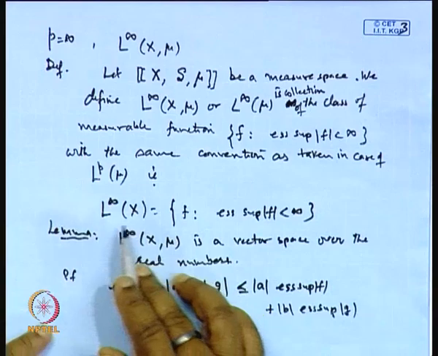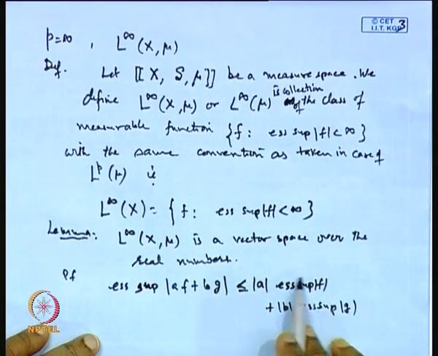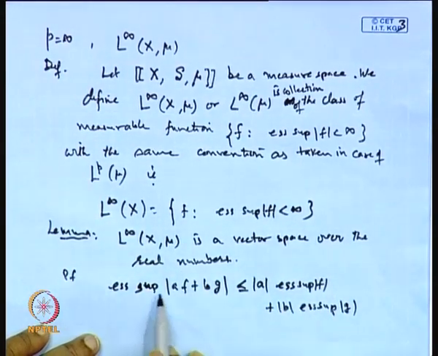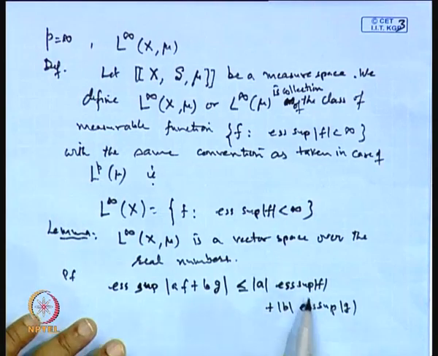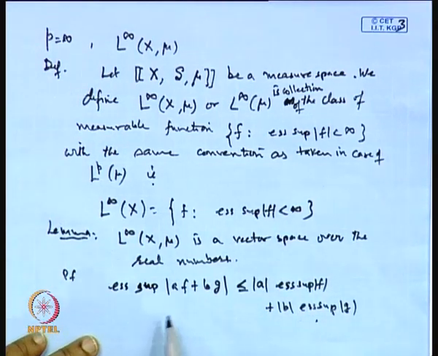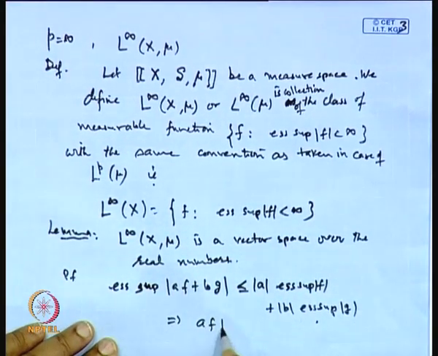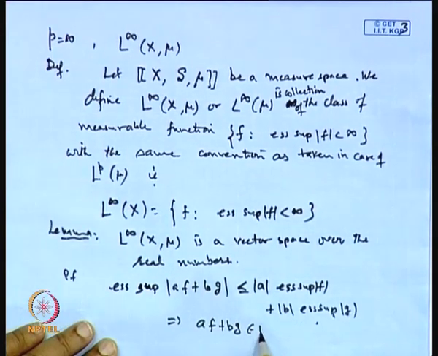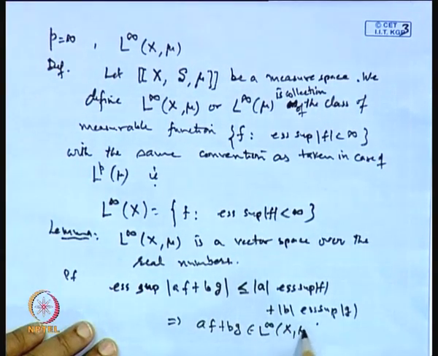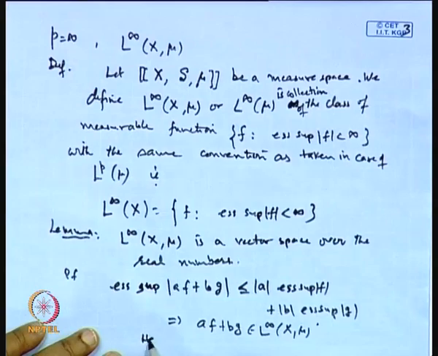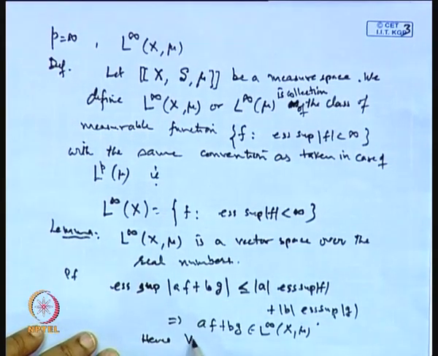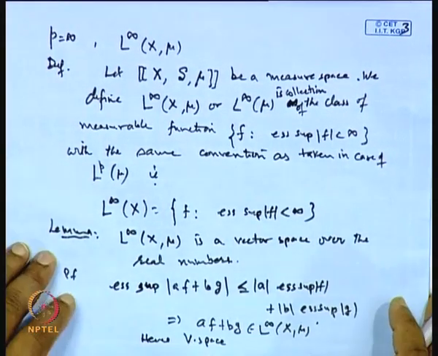Now, f belongs to the class L^∞, so the essential supremum of |f| is finite. g belongs to L^∞, so the essential supremum of |g| is finite. Therefore, the right hand side is finite, so the left hand side is finite. So, this implies a f + b g belongs to L^∞(X, μ), hence it is a vector space. The same way which we did.